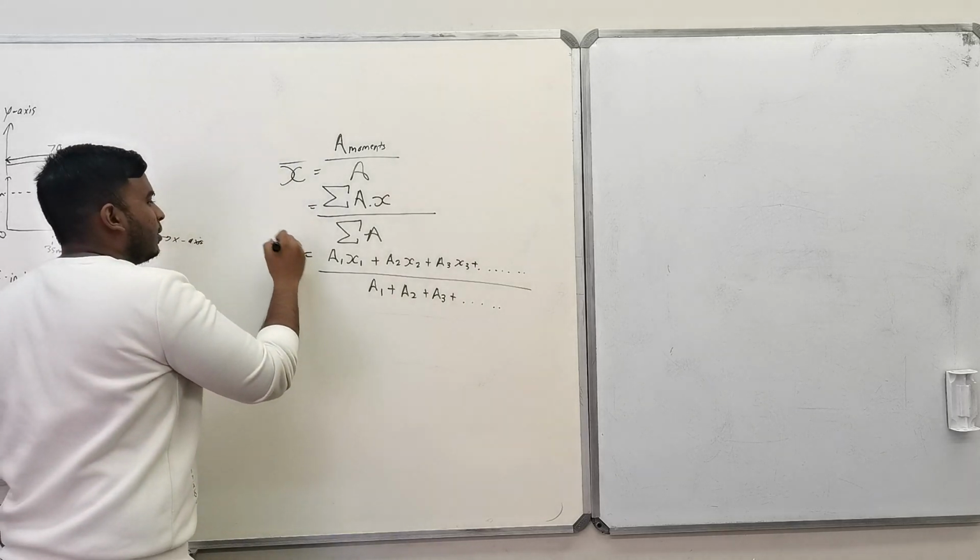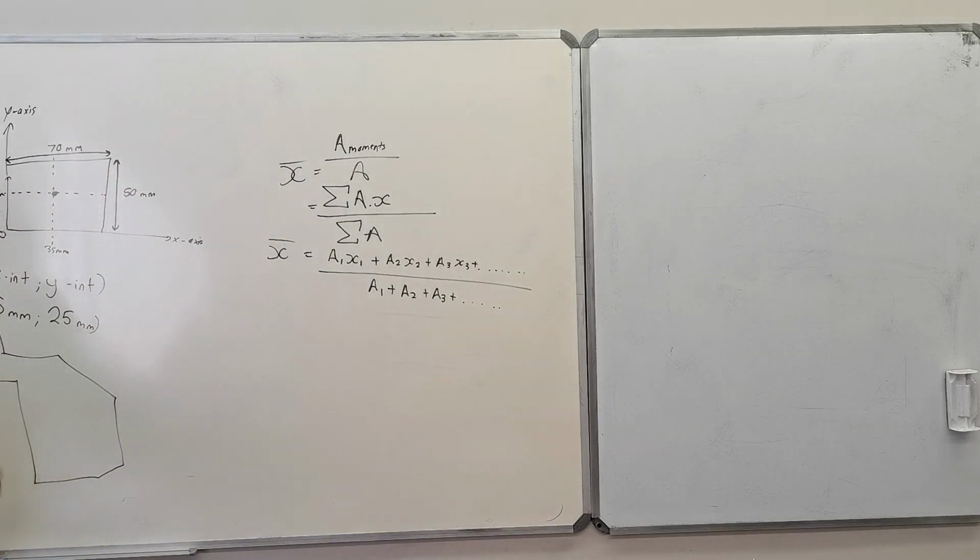That will give you the centroid or the center point along your x-axis. Similarly, if you want your y bar, it will be A1 times y1 plus A2 times y2 plus A3 times y3. Are we understanding what I'm saying? It's just for the center point. See how we got this here? That will be a formula to use to get it.